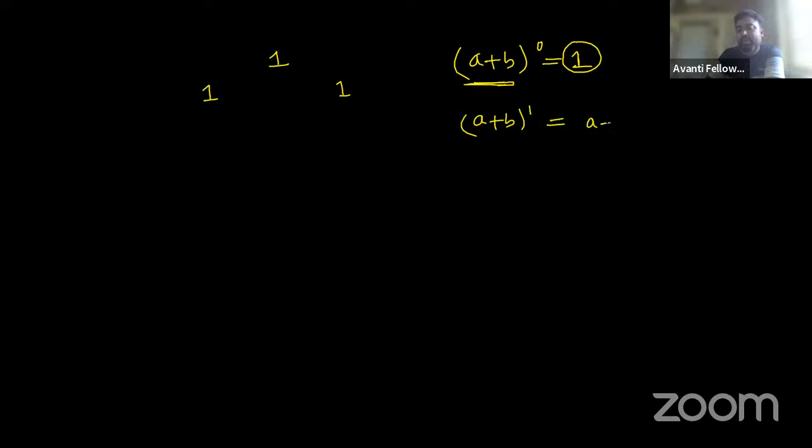This is equal to a plus b. The coefficient of a is 1, and the coefficient of b is also 1. So that's why I have written it in this way.